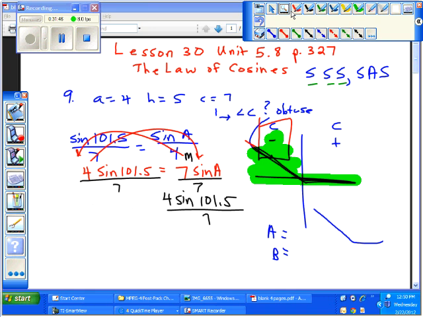Always forget to leave space for my inverse, my arc. So now we're going to undo sine with arc sine. So we do arc sine, 4 sine 101.5 over 7, and we get 34.05, 34.1 degrees.